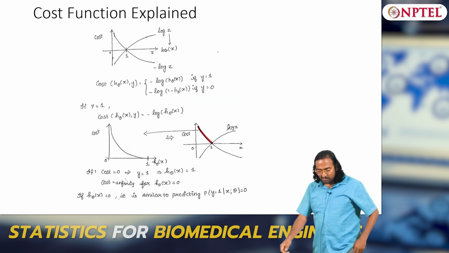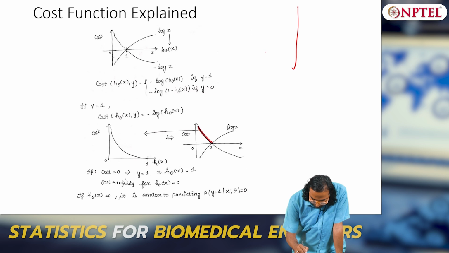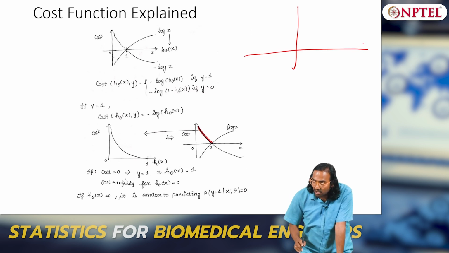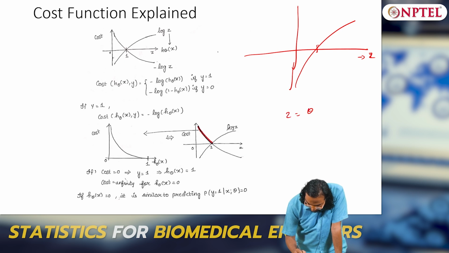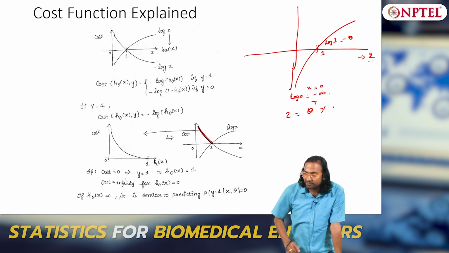Let us draw a graph of log z. This is my z value, where z is nothing but theta transpose x. When z is 1, log z equals log 1 equals 0, and when z equals 0, log 0 equals minus infinity.